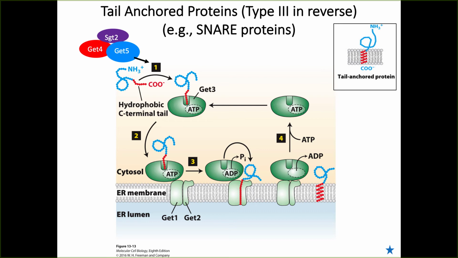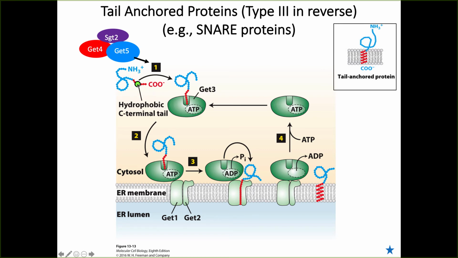As soon as it comes out of the ribosome, the SRP can come and bind to that hydrophobic sequence and bring it to the translocon. Here, the problem is that until the protein is completely synthesized and released from the ribosome, that C-terminal hydrophobic sequence is not going to emerge from the ribosome.